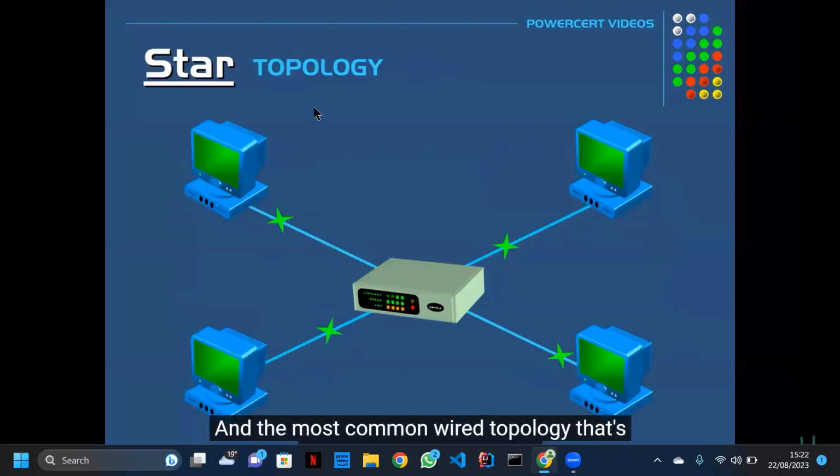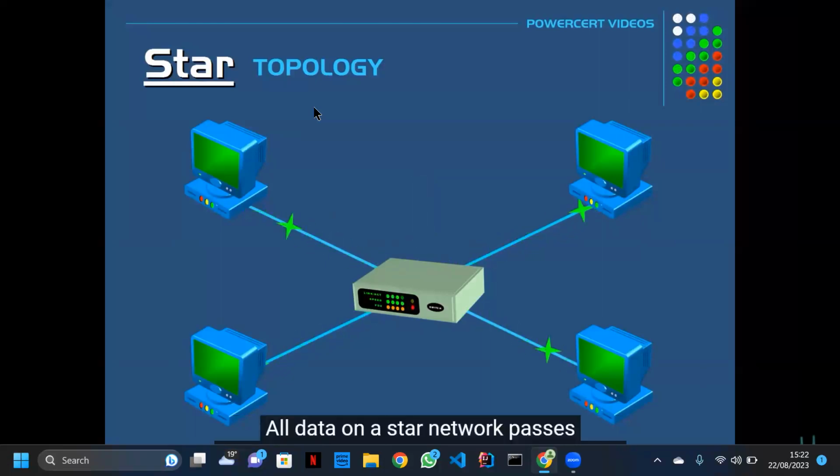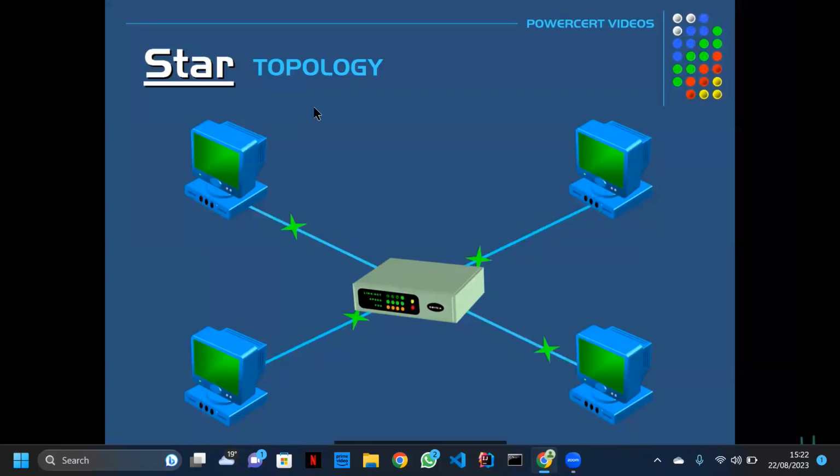The most common wired topology that's used is the star topology. In a star topology, all computers are connected to a central wiring point, such as a hub or a switch. All data on a star network passes through this central point before continuing to its destination.